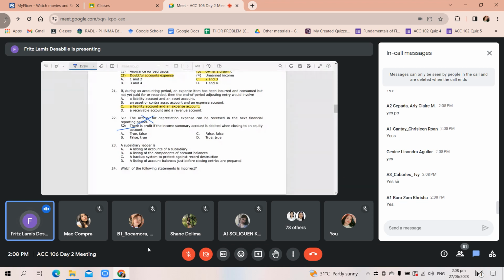Credit, correct. So, to increase your equity or to close the income summary, you debit the income summary and you credit your equity since your equity increases, that is net income. So, if the income summary is debited, that is net income.